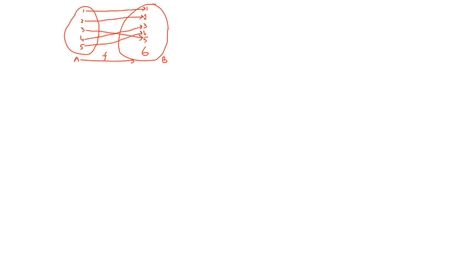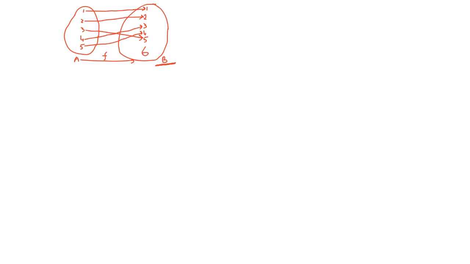Every input must connect. Number two, every input connects to one output. Yes, 6 is in the codomain. Codomain means the whole set B. But what is the range here? Can you tell me the range?